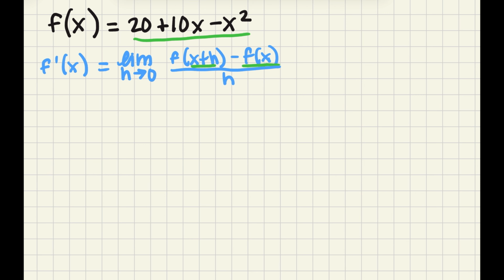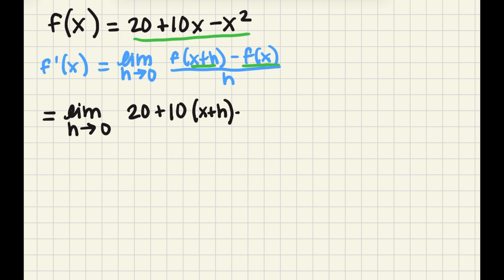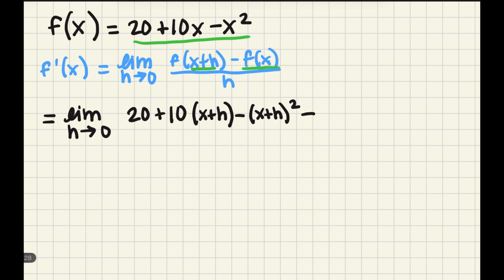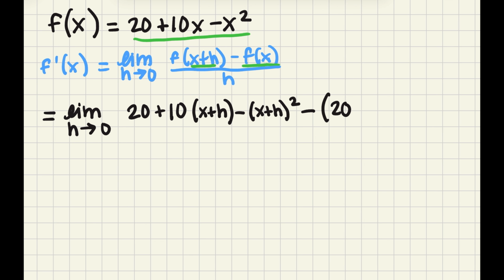Okay, so this will give us the limit as h approaches 0, and it'll be 20 plus 10 times x plus h, minus x plus h squared, minus our original function, which is 20 plus 10x minus x squared, over h.